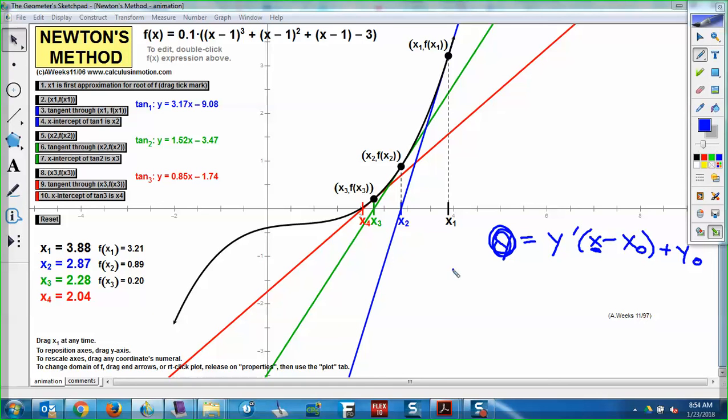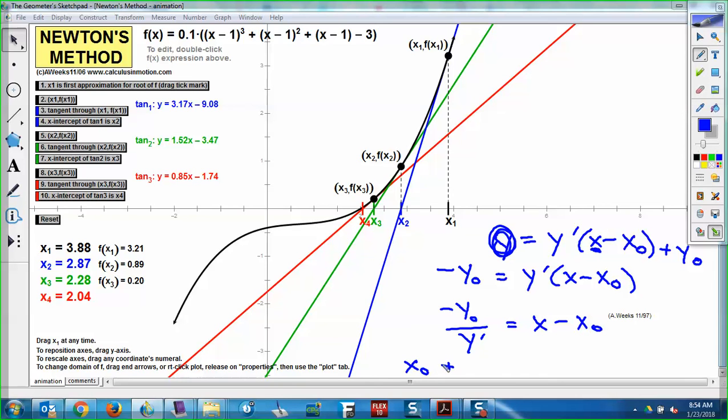So that will be like our next guess. So if we take away the y sub 0, which was our guess, okay, so we take away y sub 0, that would give us this. If we divide by y prime, and then we add x sub 0, actually it'd be minus, we could call that x1 or whatever.